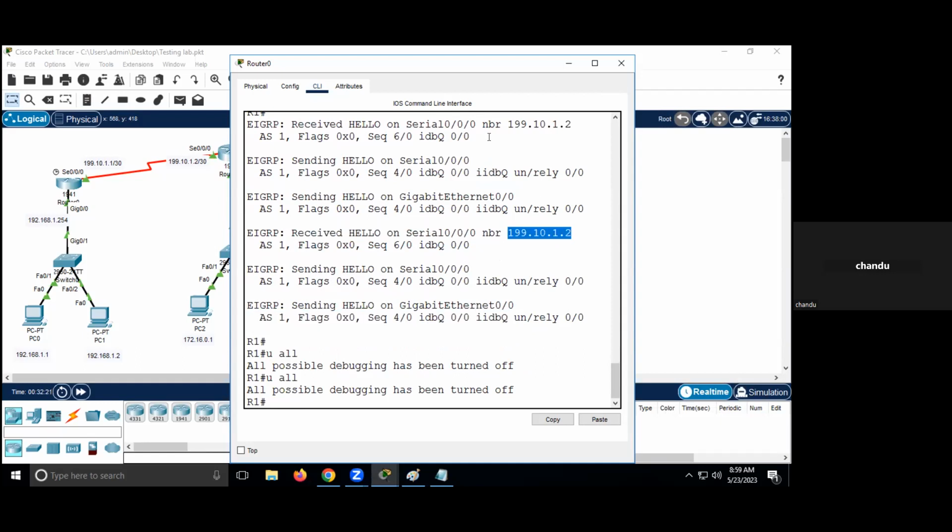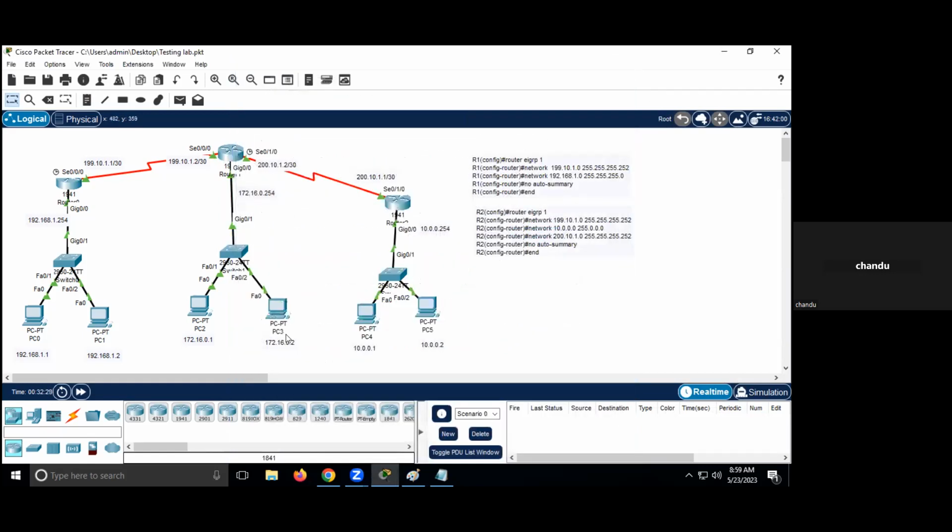Who is 110.1.2? That is router 2. So router 2 sends hello messages to router 1. So internally, even though they make neighbors and advertise the networks, they still continuously send hello messages internally.